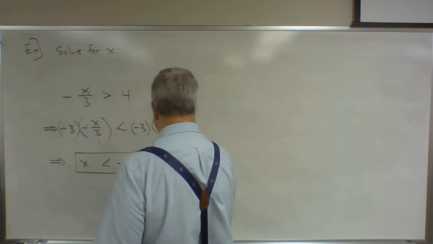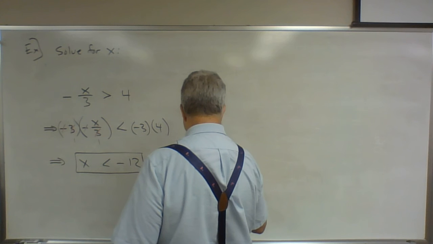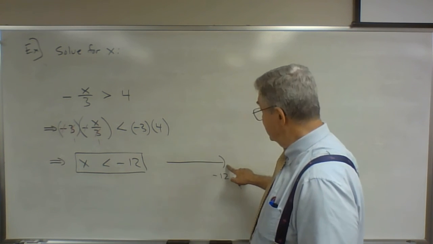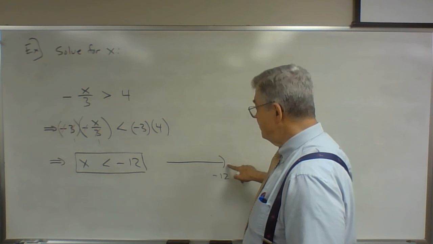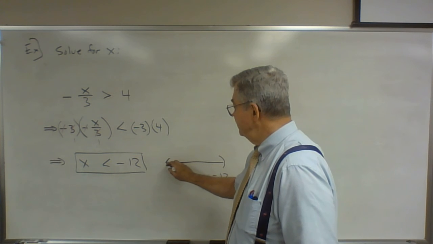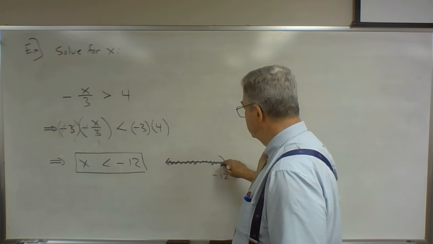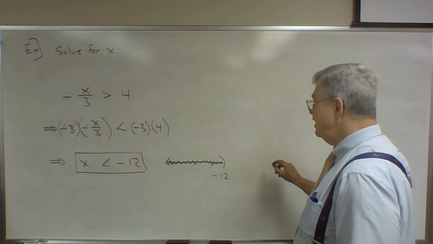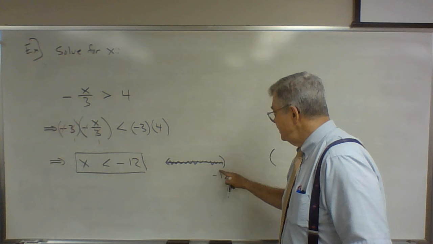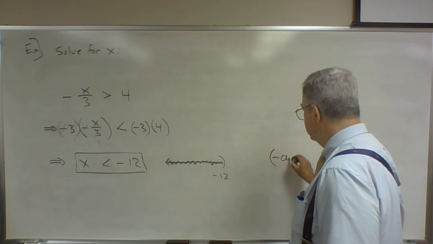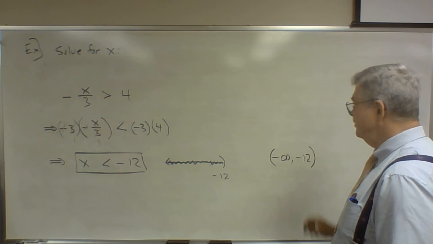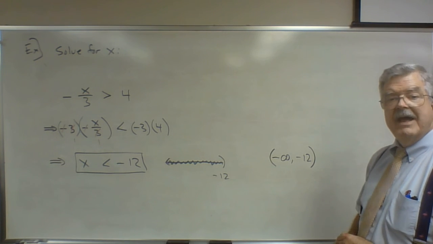And in graphing form, -12 here, the round parenthesis indicates that -12 is not part of the solution. X cannot equal -12, but x is less than -12. And in interval notation, let's see, -infinity to -12. And -12 is not part of the solution, so there. That's my solution.